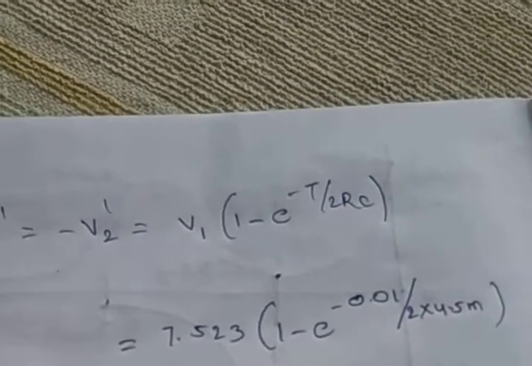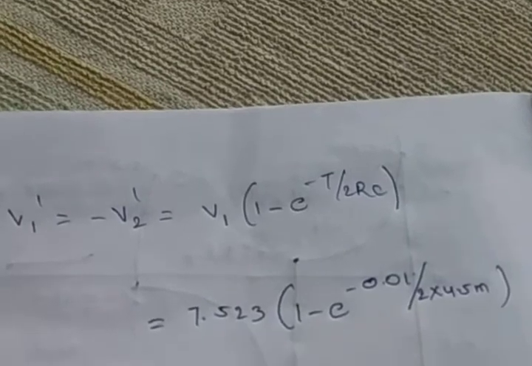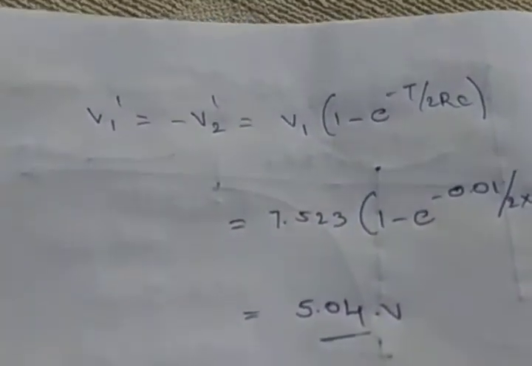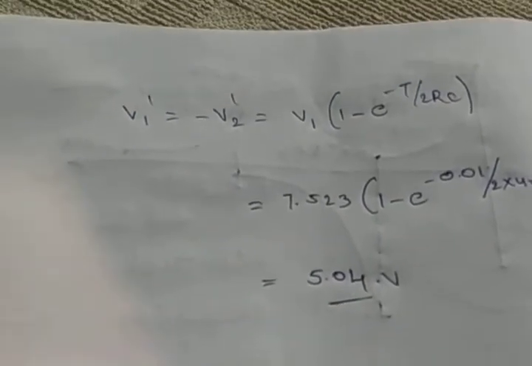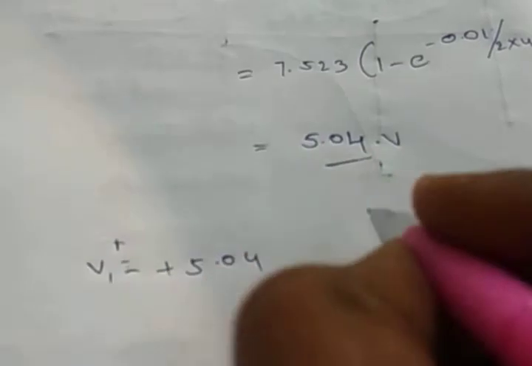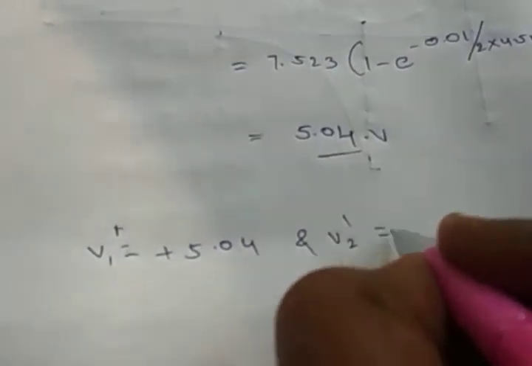This will be equal to 5.04 volts. So V1 dash will be plus 5.04 and V2 dash will be minus 5.04 volts. We have to represent units with every voltage. So now we have all the voltages.